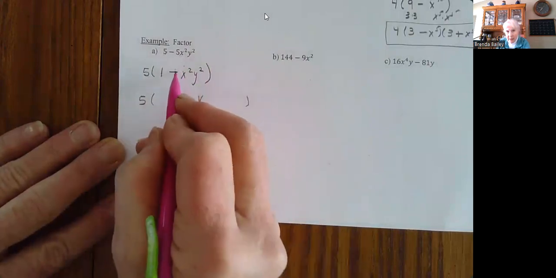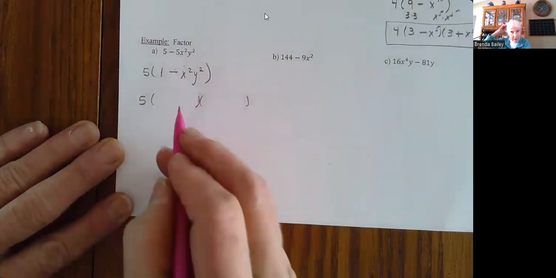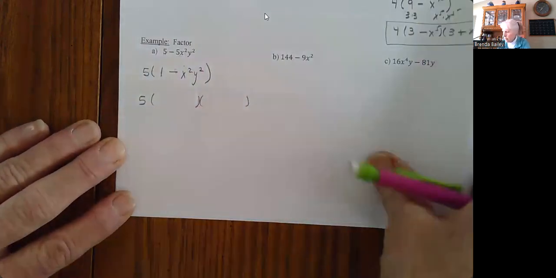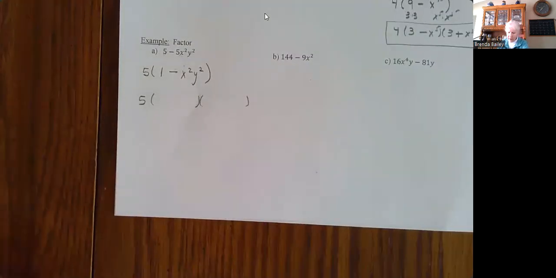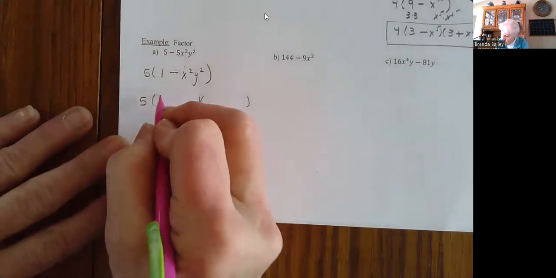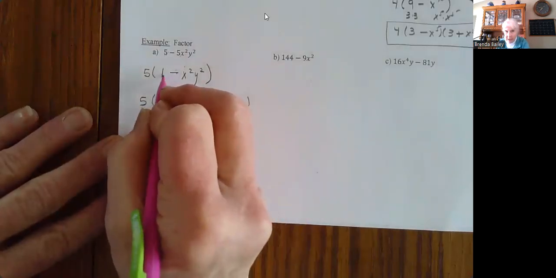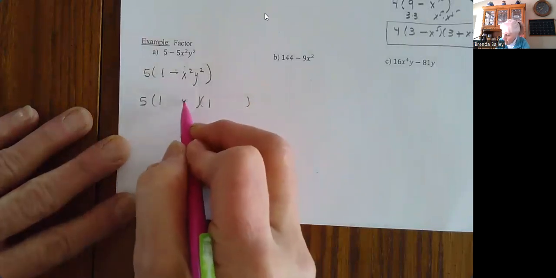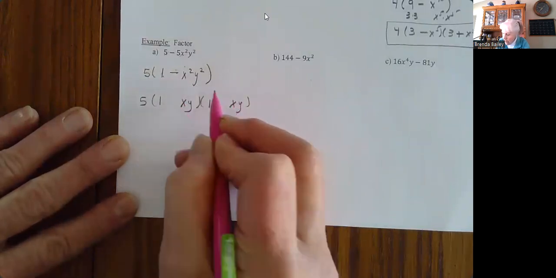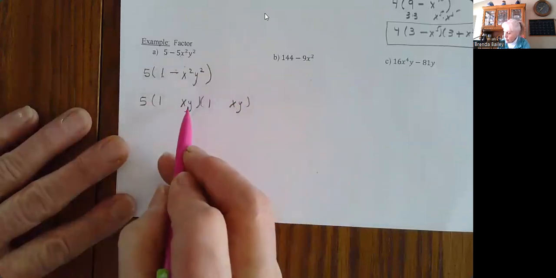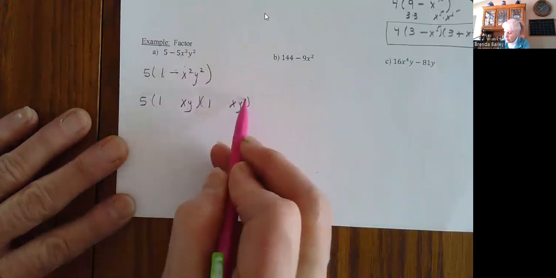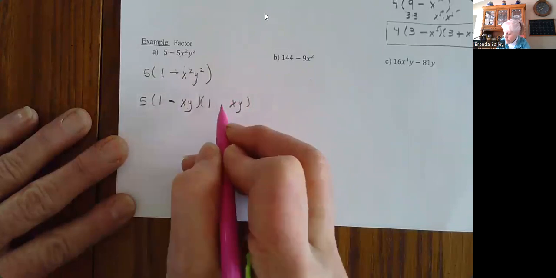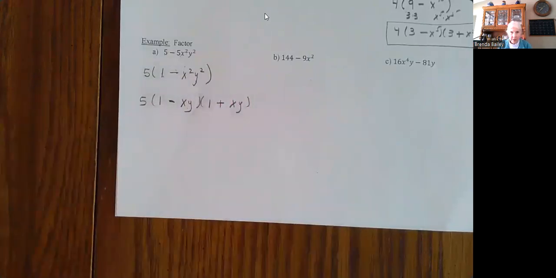If it's a plus, we'll finish this one and I'll do one with a plus because I don't see one as an example here. Now 1 times 1 gives you 1. They match. xy times xy gives you x squared, y squared, because when you multiply these, you add exponents. 1 plus 1 is 2. 1 plus 1 is 2. Minus plus. And you're done.